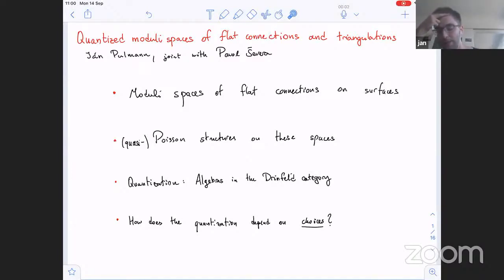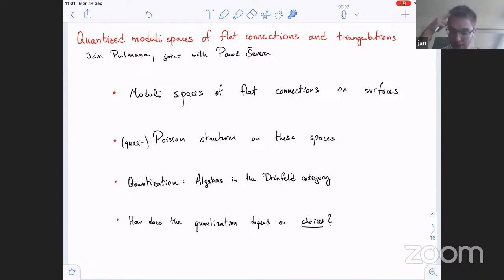And the kind of modular spaces we consider are modular spaces of flat G connections for a Lie group G on surfaces. This is the setup, and you probably know that such structures are abundant and there are many important examples of them.